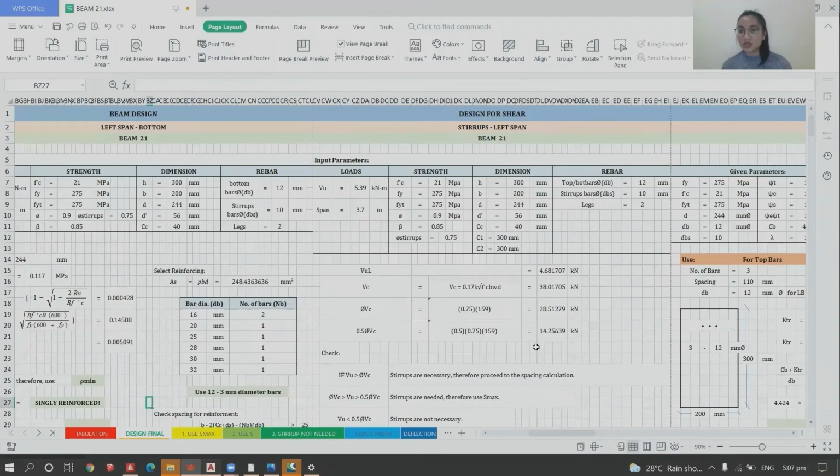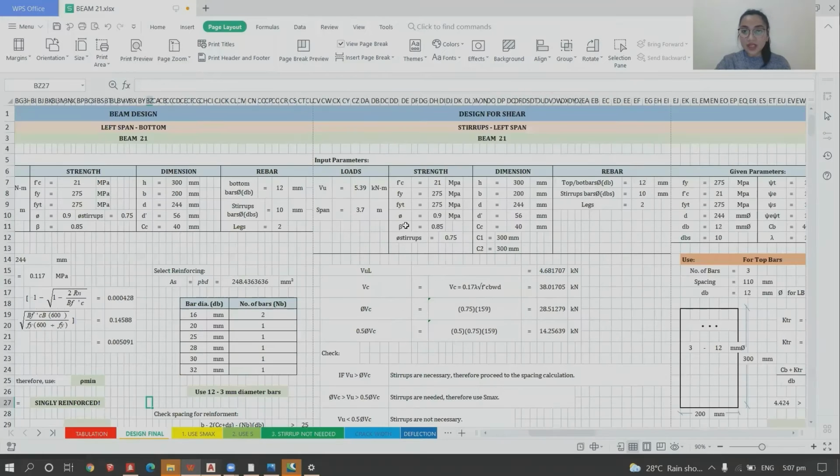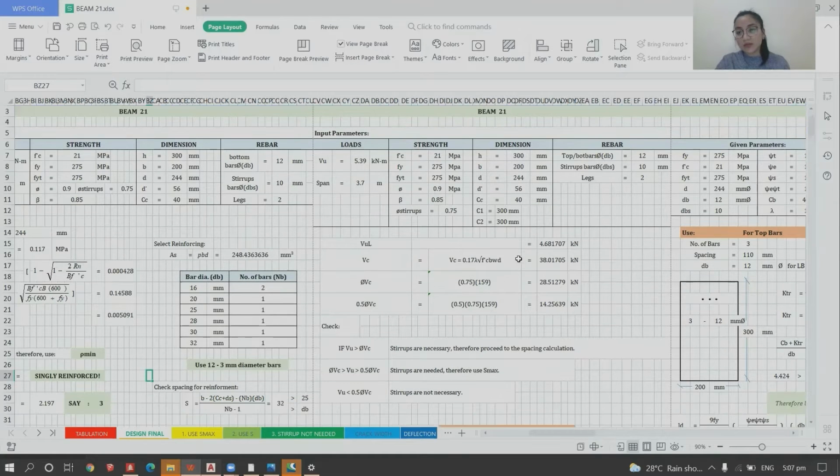So now let's proceed to the design for shear for stirrups, left span. For beam 21, we have Vu equals 5.39, still from the tabulation here, shear. And then span 3.7, same parameters for strength, dimension, and rebars.